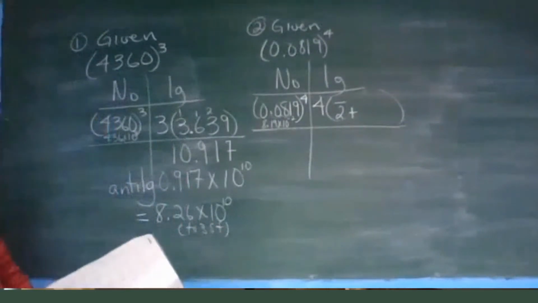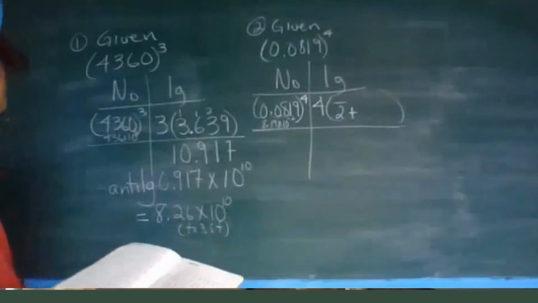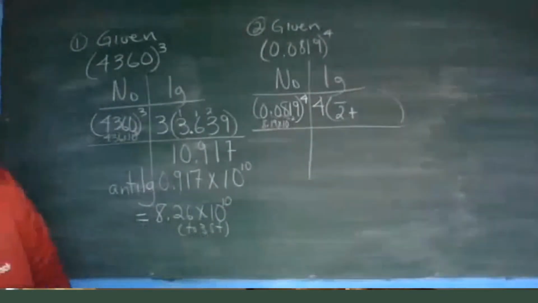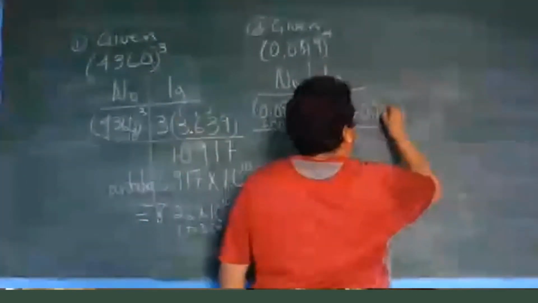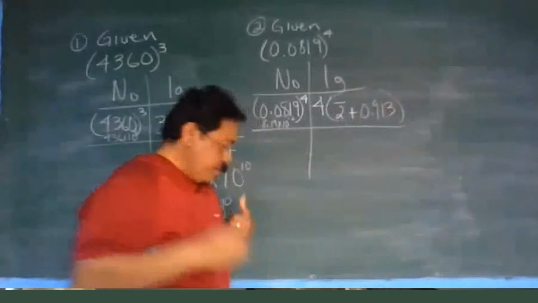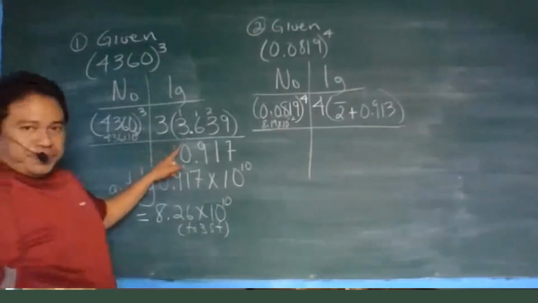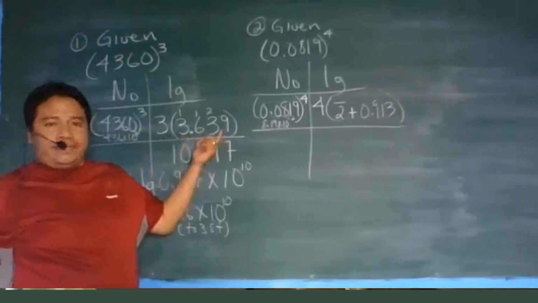So 8.1 on the primary column and 9 on the top row, and they meet at 913. So that's 0.913. Now, notice the difference. When the characteristic was positive, they went together with the mantissa.